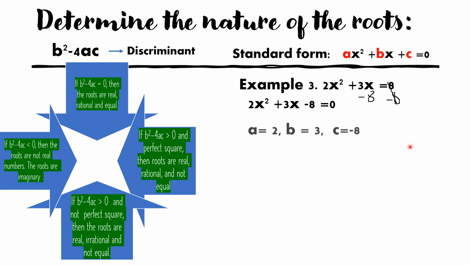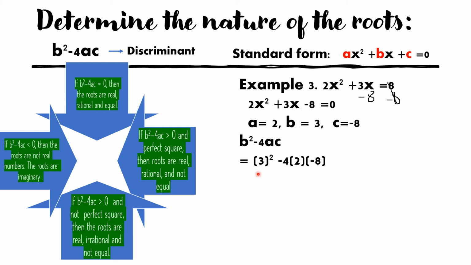And then you can now find the values of a, b, and c. Then substitute the values of a, b, and c in the formula. And you have now 3 squared minus 4 times 2, the value of a, times negative 8, the value of c. So this is now 9, and this is negative 4 times 2, that is 8, times negative 8, that is positive 64, and that is equal to 73.